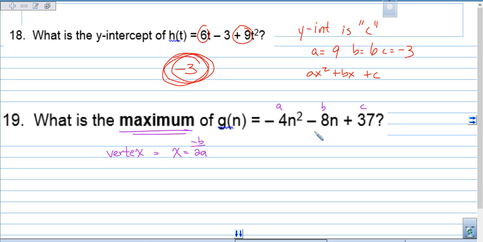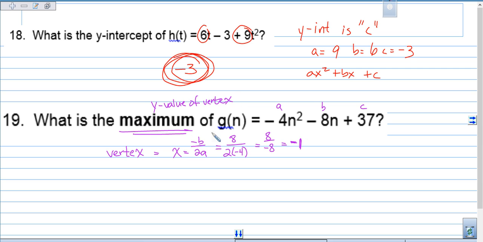So the opposite of b, which would be negative 8, will be 8, over 2 times negative 4. And so you get 8 over negative 8, which equals negative 1. So our maximum will occur at x equals negative 1. But that is not our maximum. That's the x value. The maximum is the y value of the vertex.